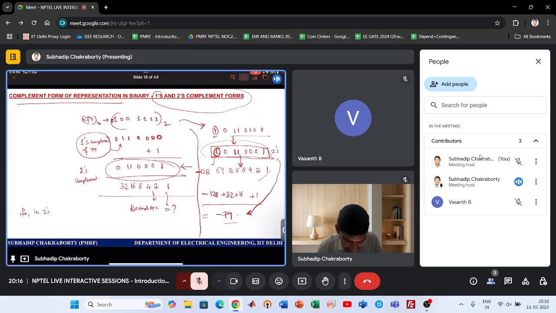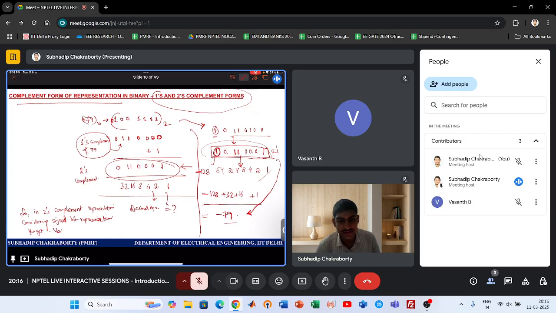So in 2's complement representation, considering the signed bit, you get the negative of that.